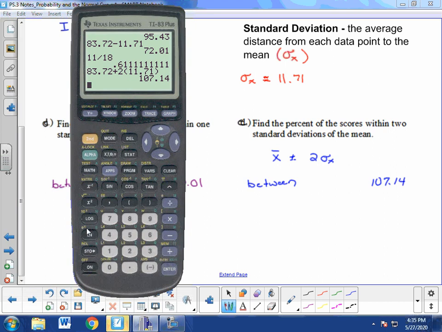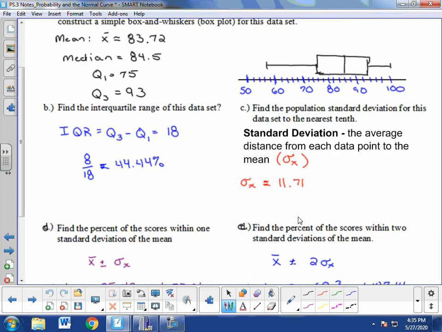107.14 and another number. So 107.14 would be two standard deviations above the mean, and 83.72 minus 2 times 11.71, two standard deviations below the mean, would be 60.3. So we're looking for scores that are between 60.3 and 107.14.